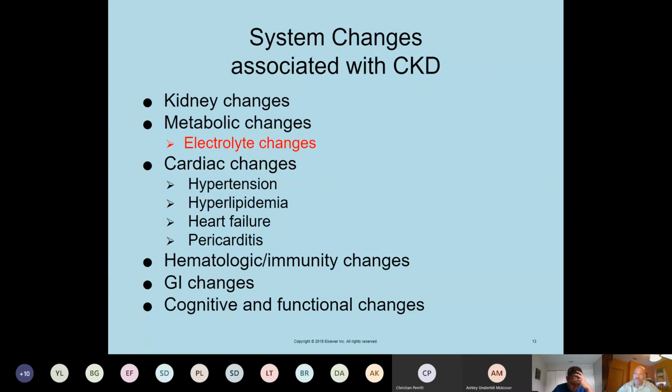Also, make sure you know your normal range for your potassium levels, because in CKD, the potassium level tends to increase. These patients have changes in their cardiac rate and rhythm. You have to also be careful about these patients ingesting drugs that contain potassium, or that can cause the potassium to increase.